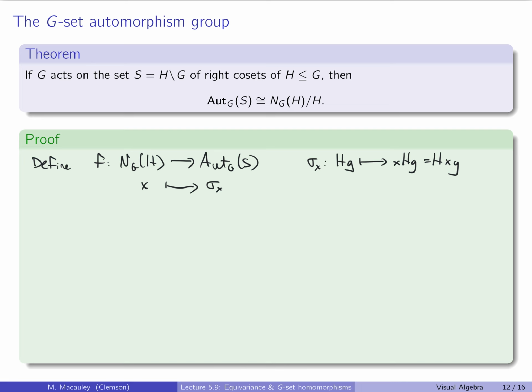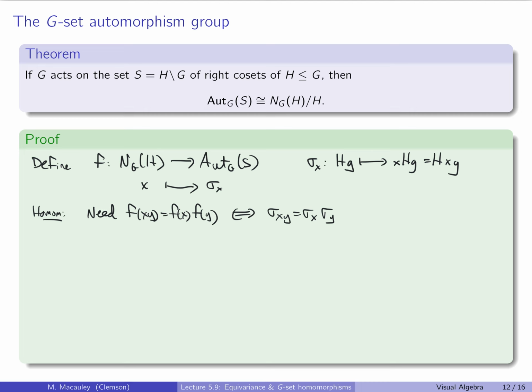Let's now check that this is a homomorphism. So we need f of xy to be equal to f of x times f of y, or equivalently, sigma xy equals sigma x times sigma y.